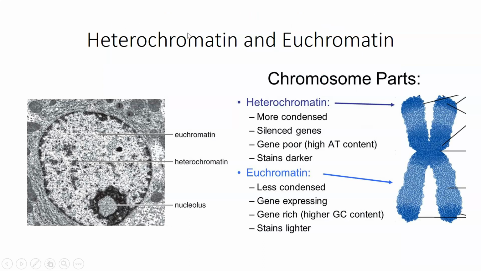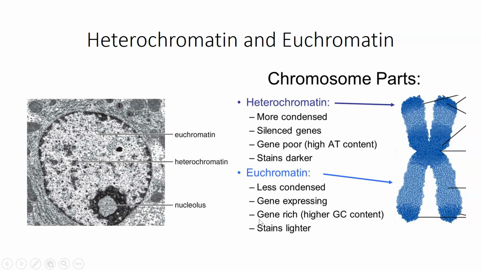So just a reminder of heterochromatin and euchromatin. The main difference is heterochromatin is very tightly packed or condensed. Genes are therefore silenced, and it stains darker. Heterochromatin is typically higher in AT content. Euchromatin is basically the opposite. Less condensed, genes are on, they're accessible.